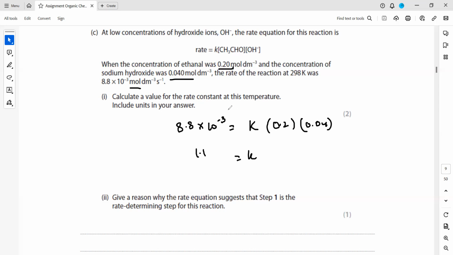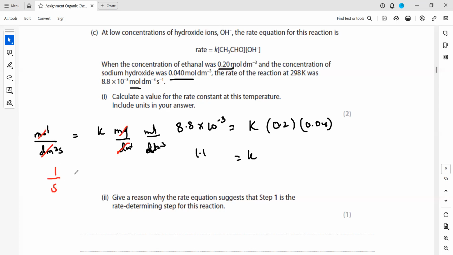So how do we work out the unit of K? The unit of the rate is moles per decimeter cube per second. The unit of a concentration is moles per dm cube, and this also moles per dm cube. So when we simplify this, dm cube will cancel with dm cube, mole will cancel with mole.